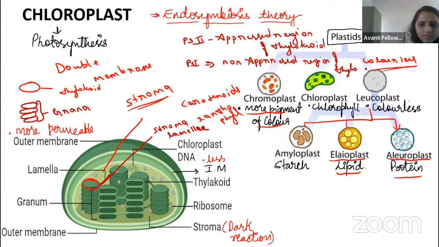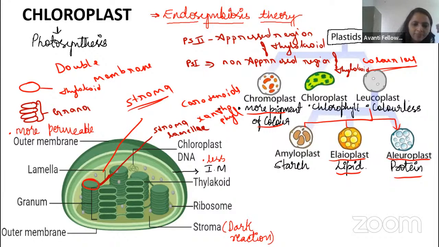Okay, guys, remember, so many questions are asked from this statement also. Photosystem 2 is present on the appressed region, whereas photosystem 1 is present on the non-appressed region of the thylakoid membrane.